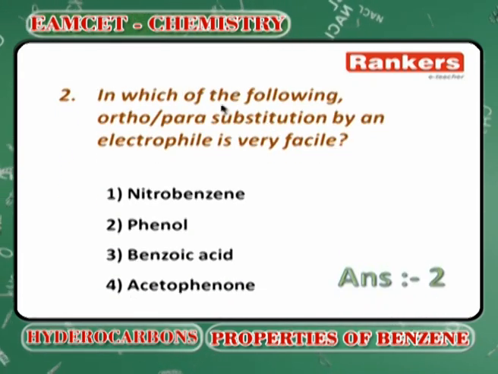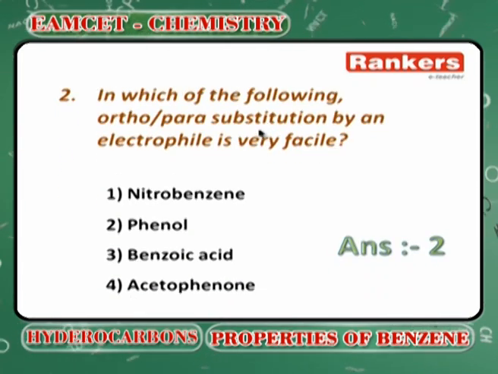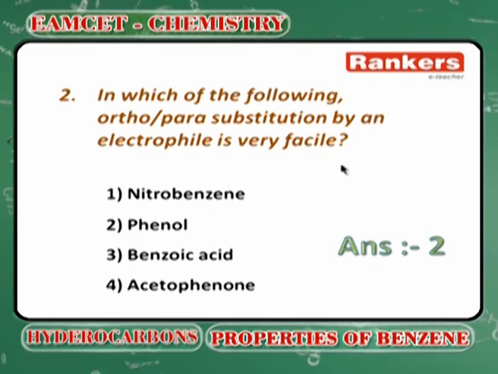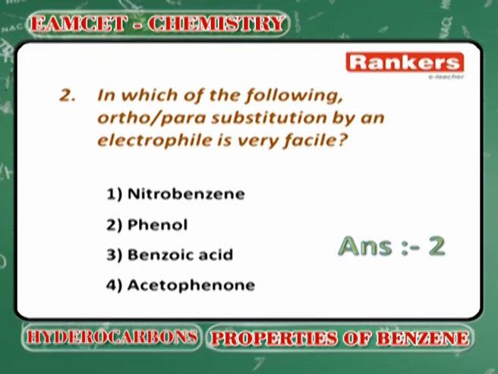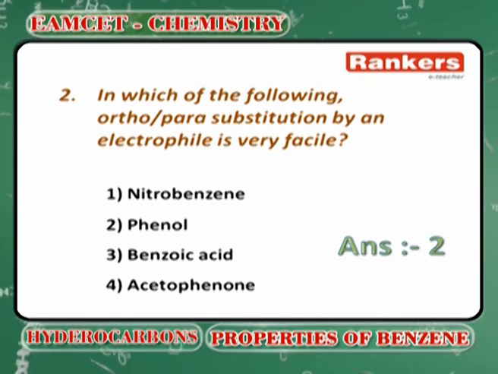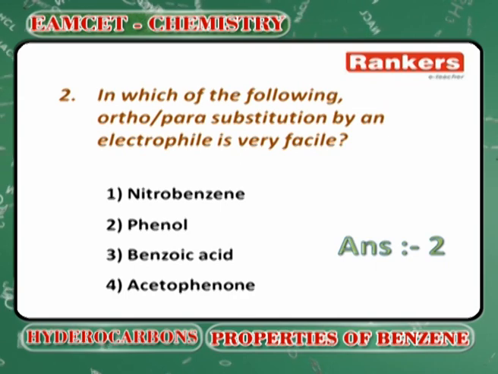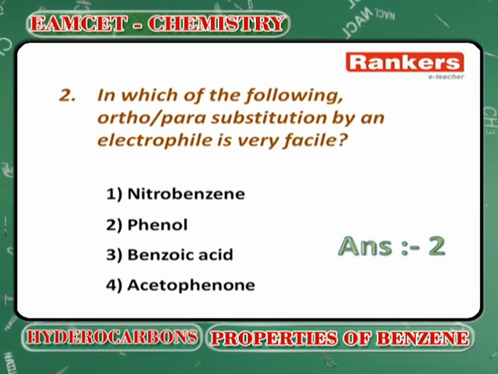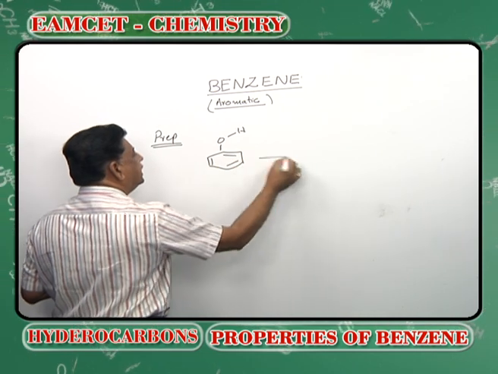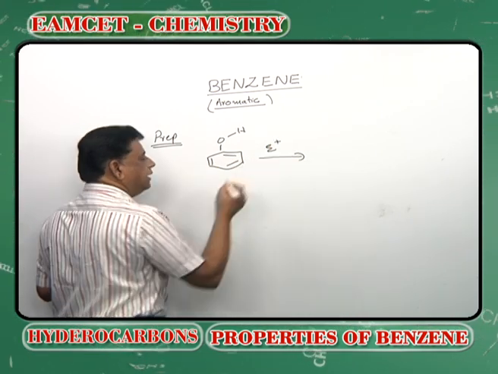In which of the following is ortho-para substitution by an electrophile very facile? For this I have to take 1 or 2 points and explain here. If benzene contains groups like OH, similar to the OH, I am introducing an electrophile.